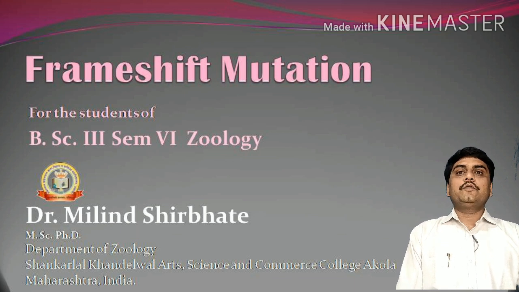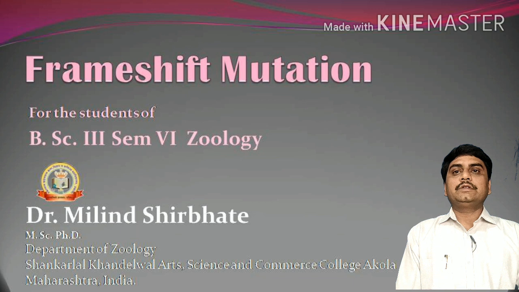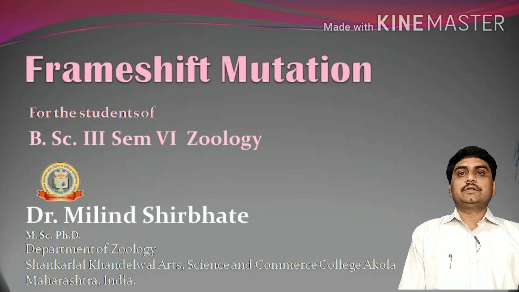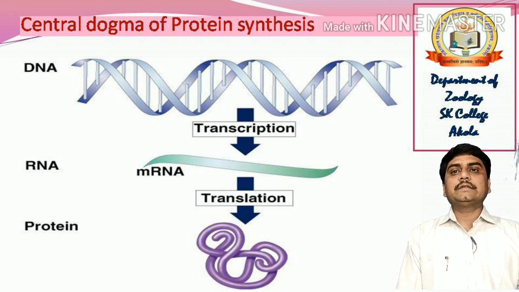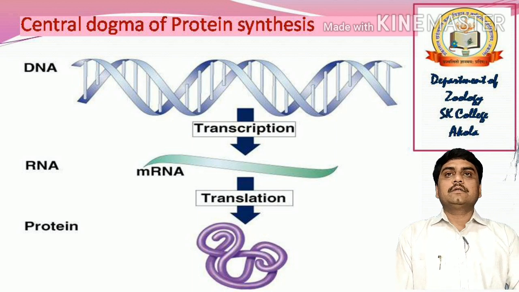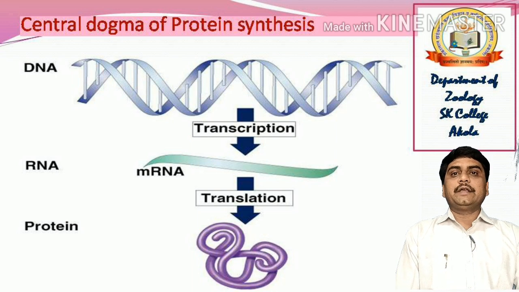First of all, you know the central dogma of protein synthesis. In a particular cell, the cell may be a prokaryotic cell or a eukaryotic cell, there is genetic material inside the cell. In case of a eukaryotic cell, there is a nucleus. Inside the nucleus, there is hereditary material, that is DNA or RNA.